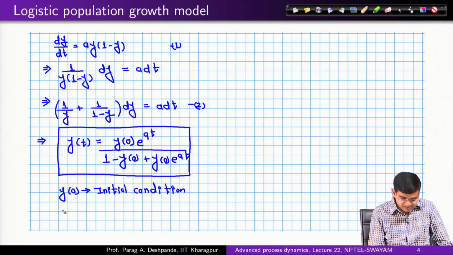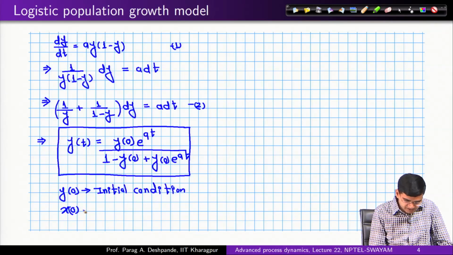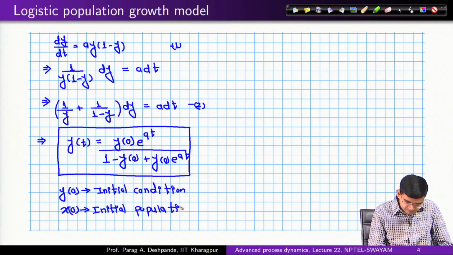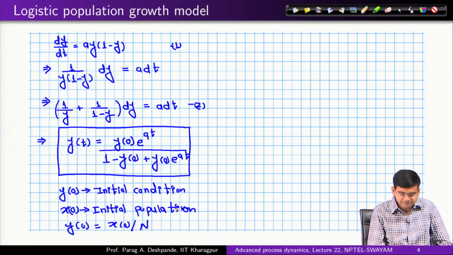Okay. So, if x 0 is the initial population, then y 0 would be x 0 divided by n.